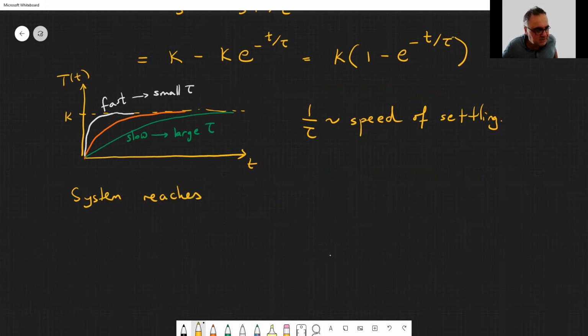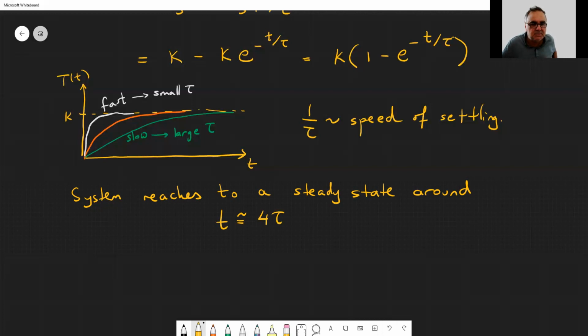Now the system reaches a steady state at around, let's say, t equals approximately 4 time constants, okay?